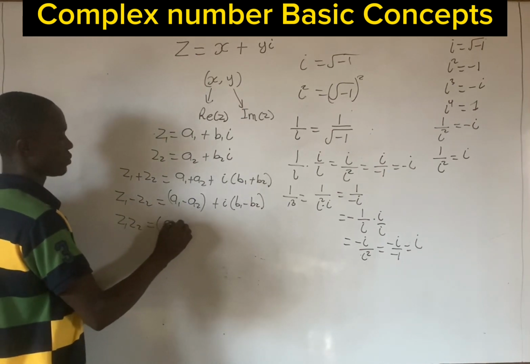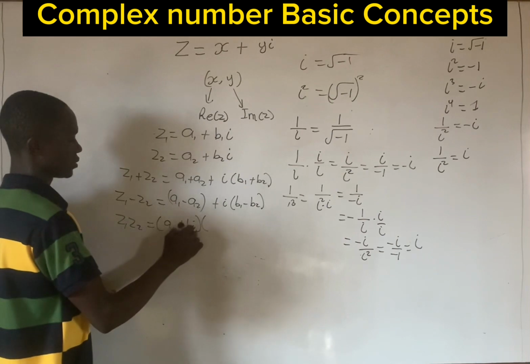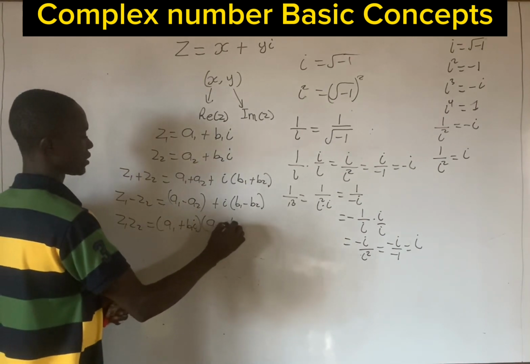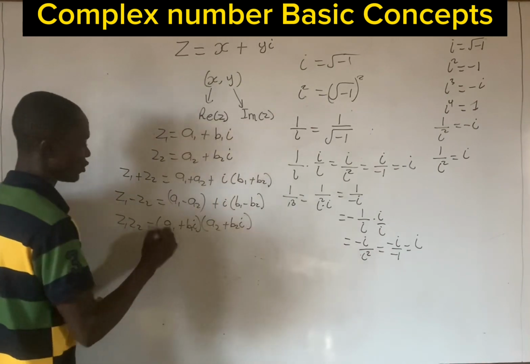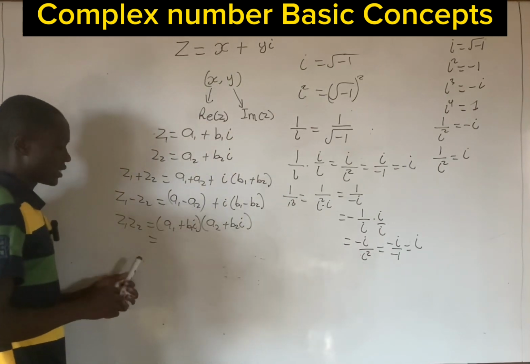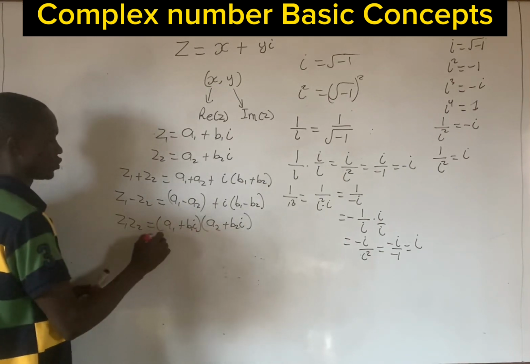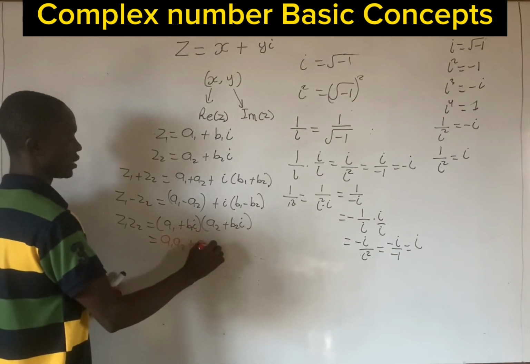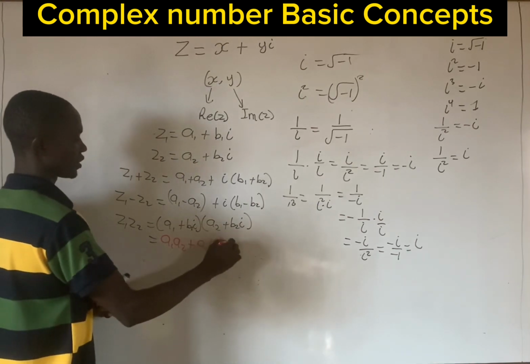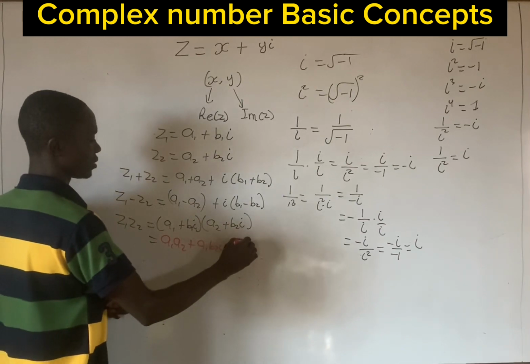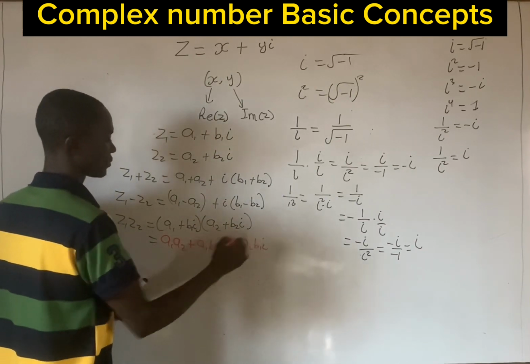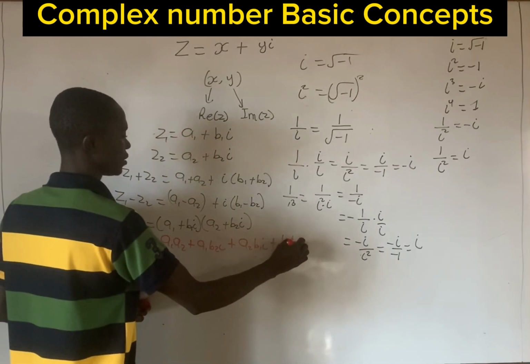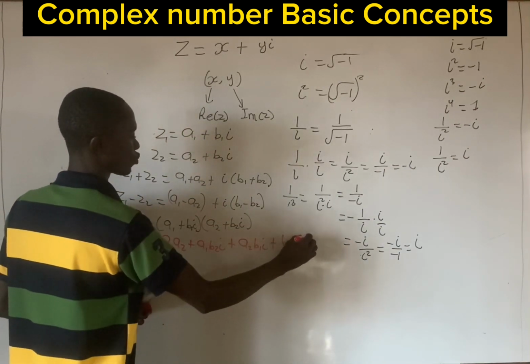a1 plus b1i times a2 plus b2i. Now we use the distributive property. So we have a1 times a2 is a1a2, plus a1 times b2i gives a1b2i, plus a2b1i, then plus b1b2i squared.